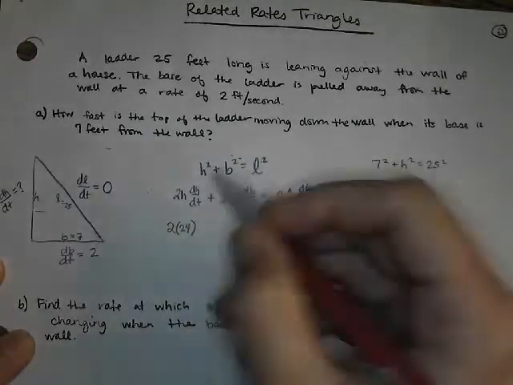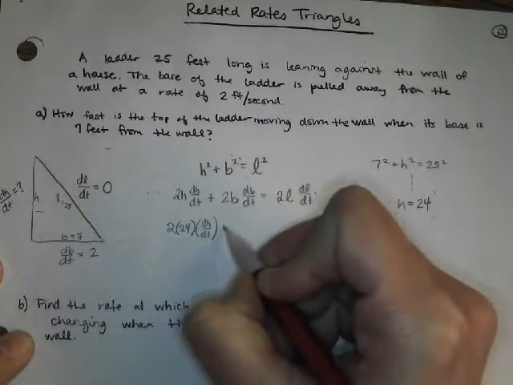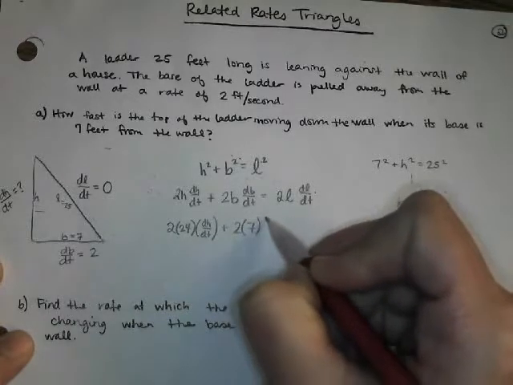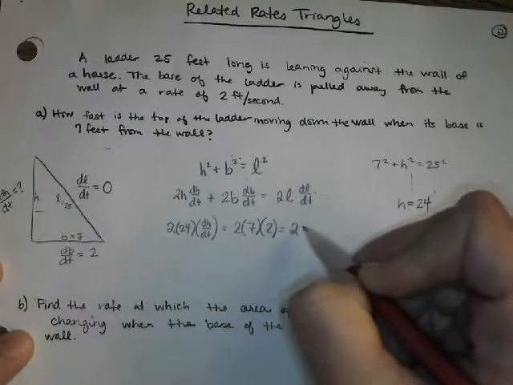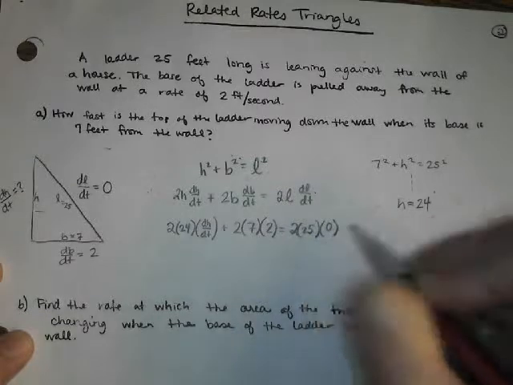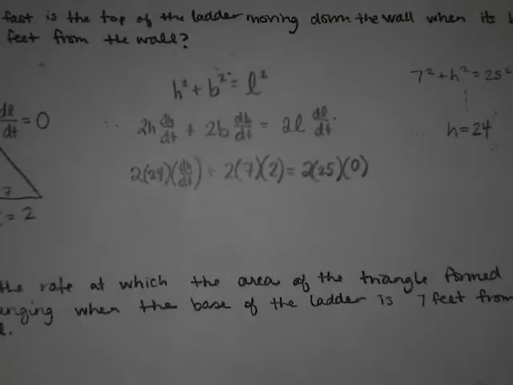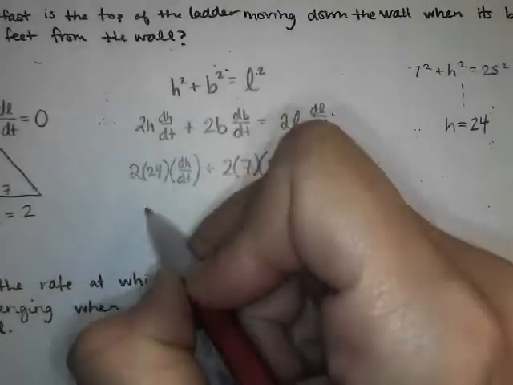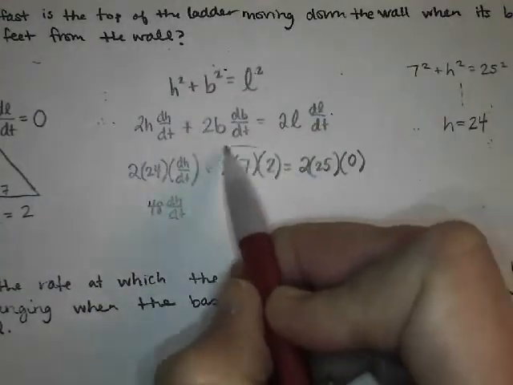dH/dt is definitely what we're being asked for, so we don't know that. Plus 2 times our B is 7. Our dB/dt is 2. Our L is 25 and dL/dt is 0. And we'll solve for dH/dt. So we have 48 dH/dt, and I'm going to subtract this whole thing over.